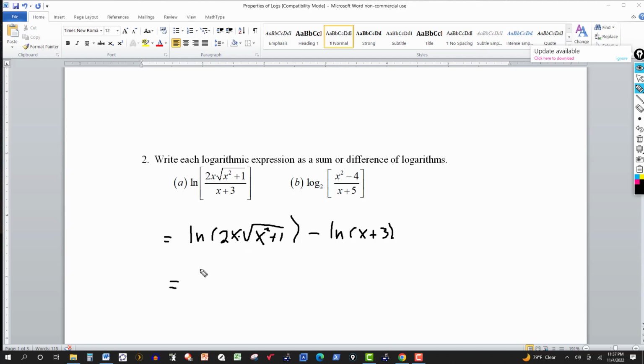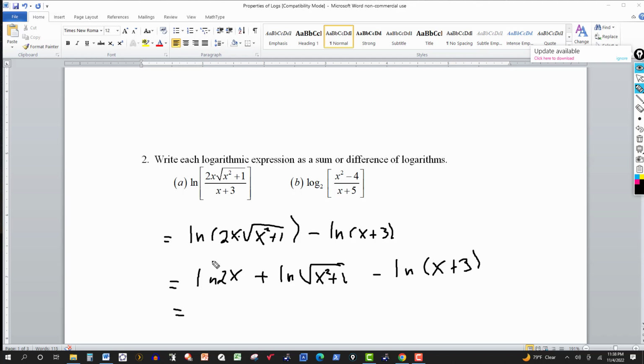So this would be the same thing as the natural log of 2x plus the natural log of the square root of x squared plus 1. And that's minus the natural log of x plus 3. Now I can't do much with that one. That's about as far as I can go.